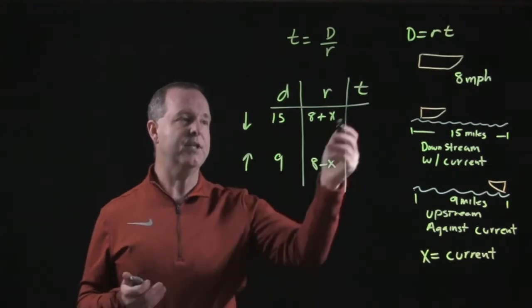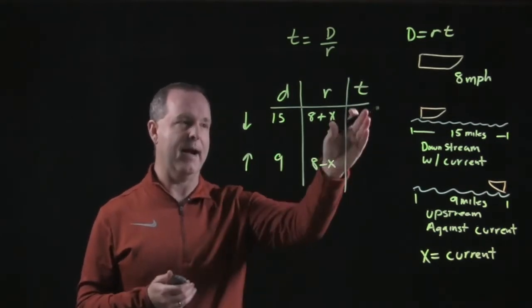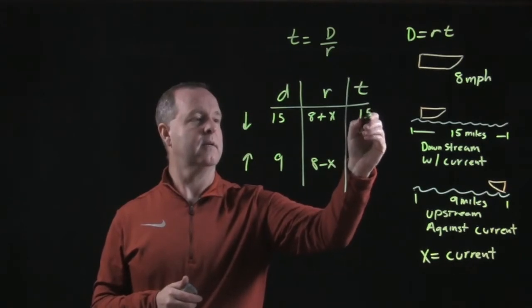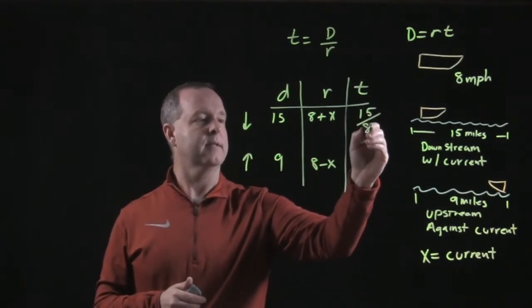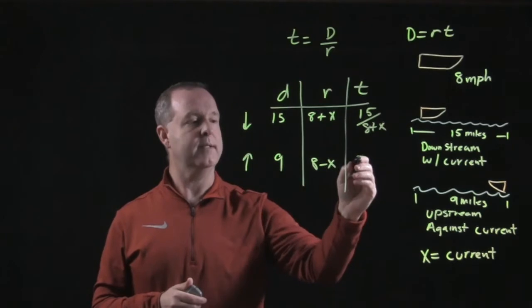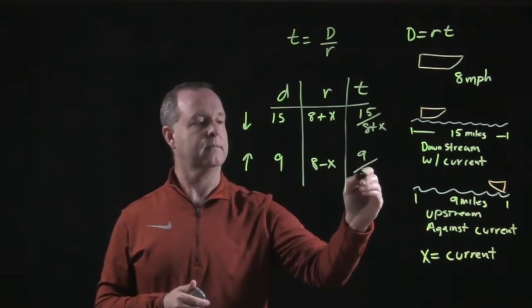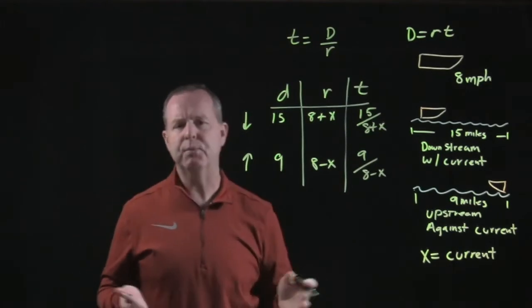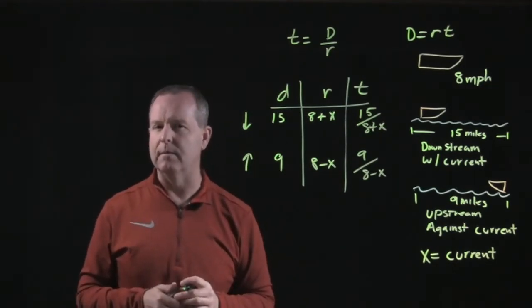So if I have that information, then now I can go ahead and unpack what my times are. Time is distance, 15, divided by rate. Next one, same thing, distance divided by rate.